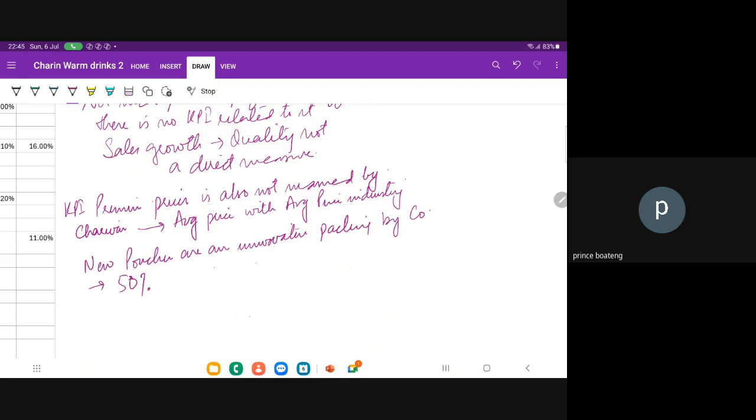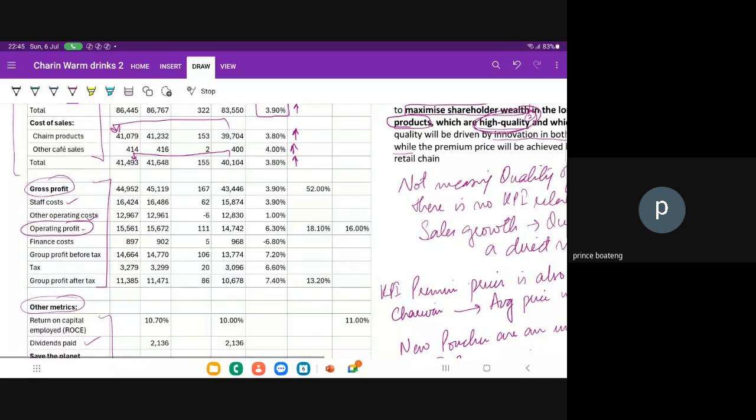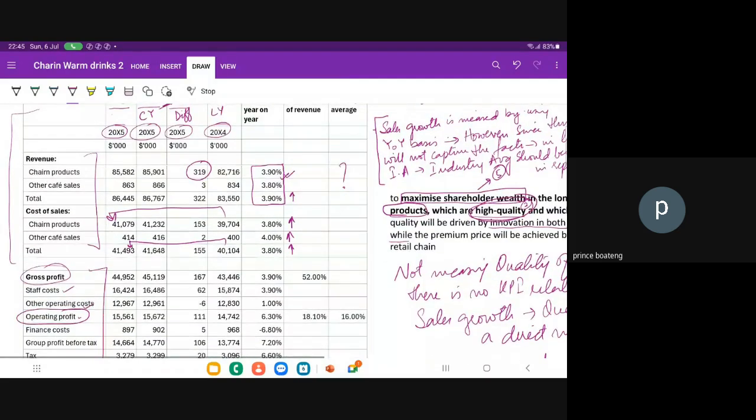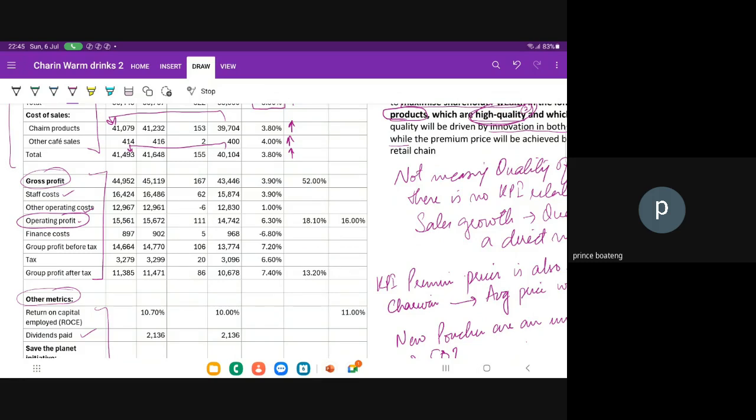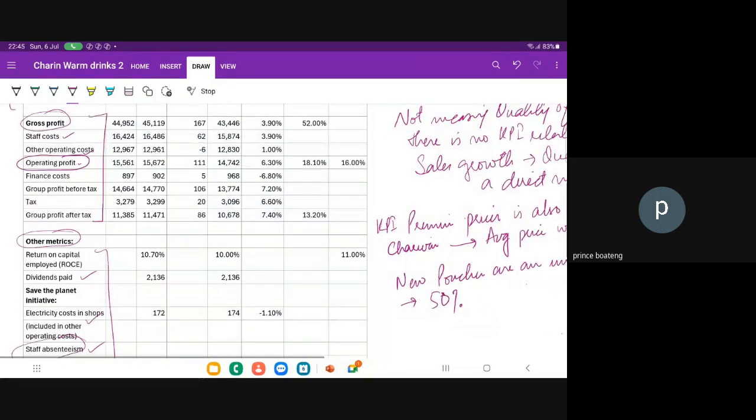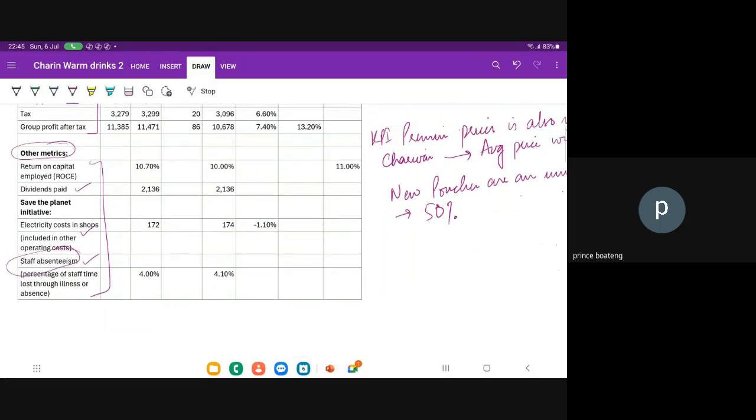But again, can we see whether this pouch is a good initiative by the company? Were customers overwhelmed by this new pouch? Nothing is given here, not a single statement, right?